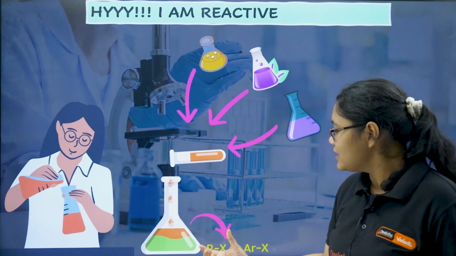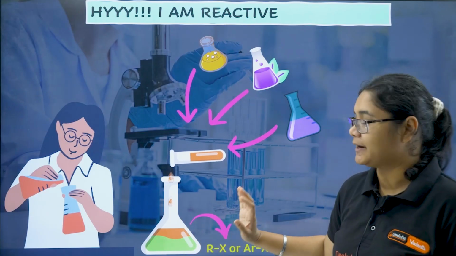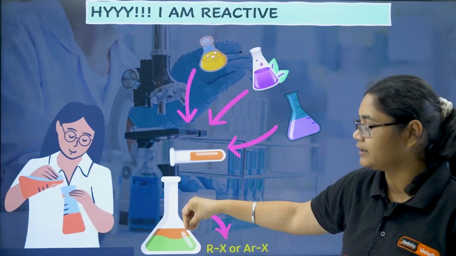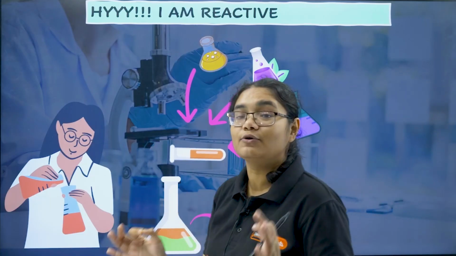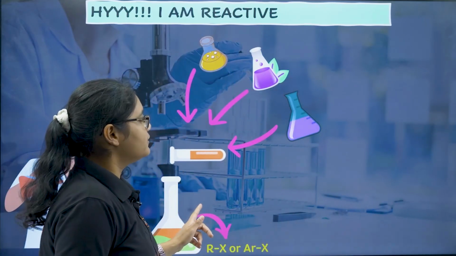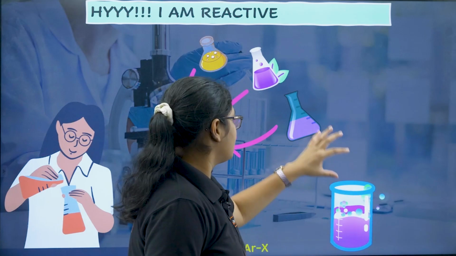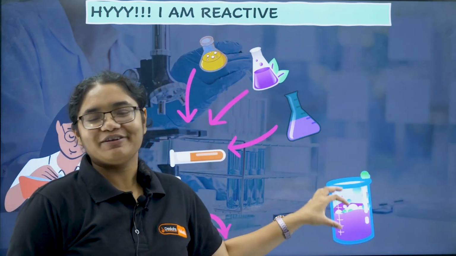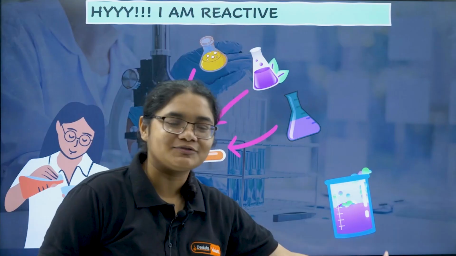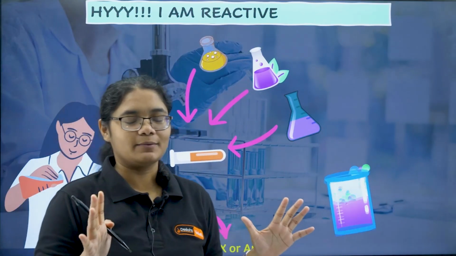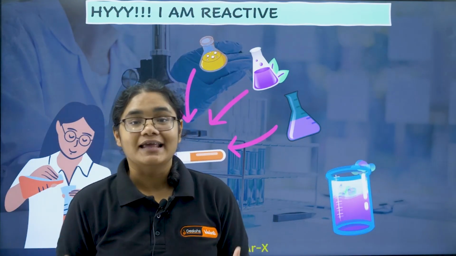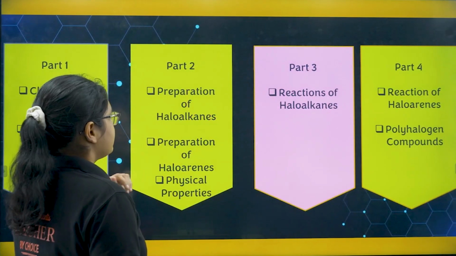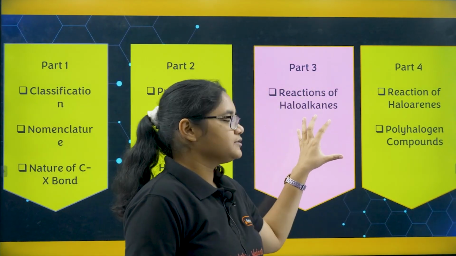Last class we prepared them, and now we have stored them, they are already prepared. Now we are having different chemicals and we will mix them here and see what new products are formed. So that is all about today's class, chemical reactions of haloalkanes.